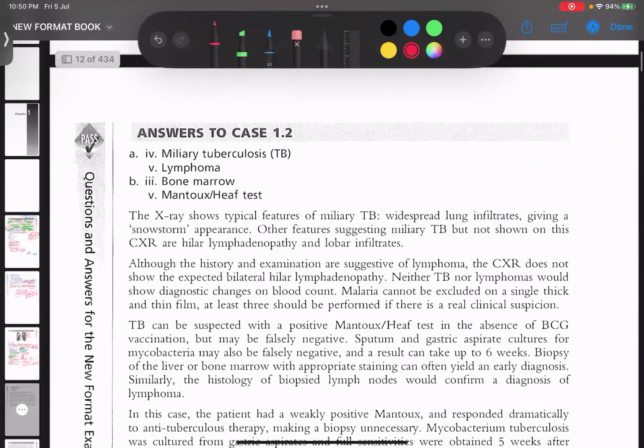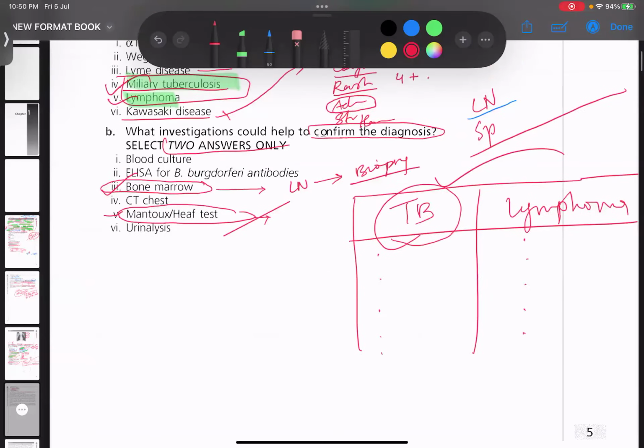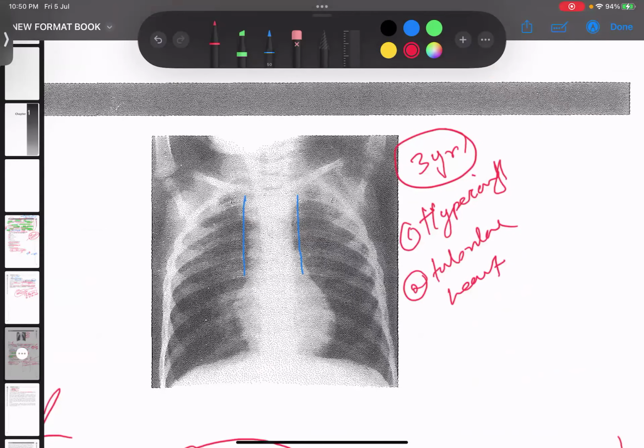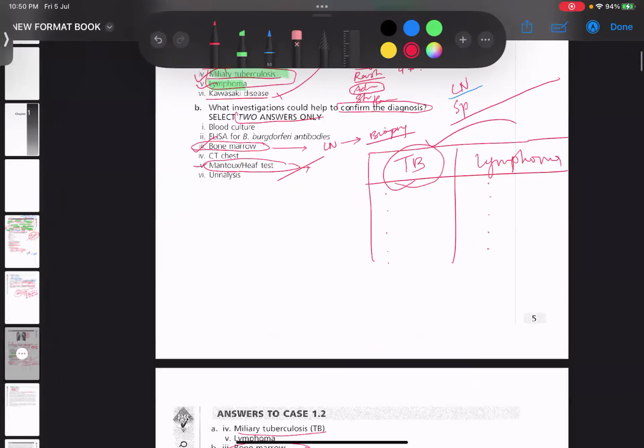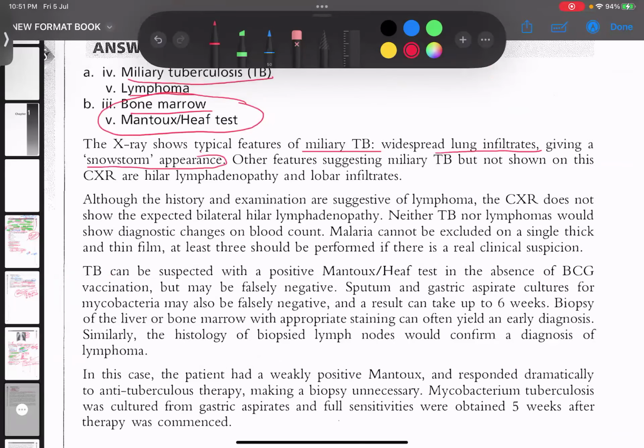So again, they have a similar thought as us. It was miliary tuberculosis, lymphoma, and the investigation would be Mantoux test along with bone marrow. The X-ray shows typical features of miliary TB, widespread lung infiltrates, but we could not appreciate it in the given picture. Even though they say the X-ray shows a snowstorm appearance, I could not understand that this was a snowstorm.